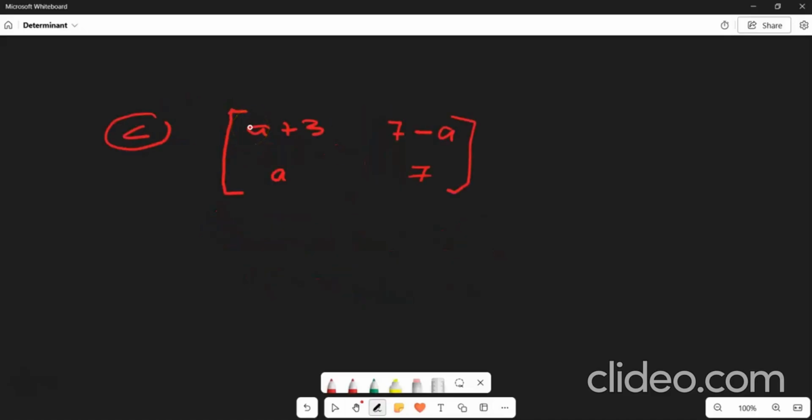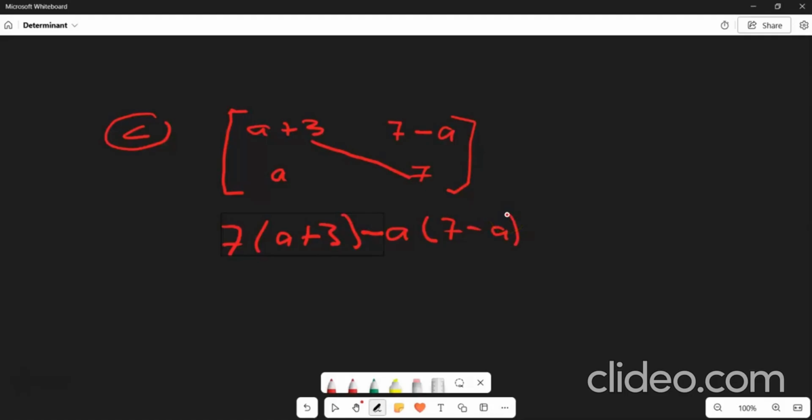Let's find the determinant of this matrix too, in algebraic form. The same procedure: the product of the leading diagonal, 7 times a plus 3, minus a times 7 minus a.